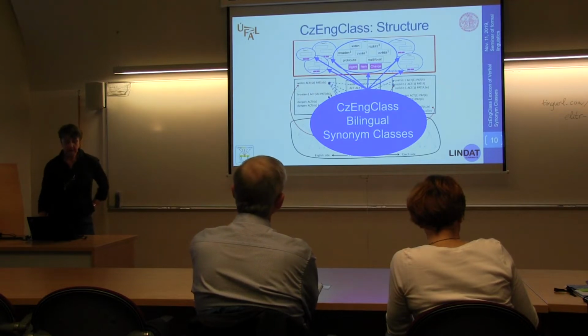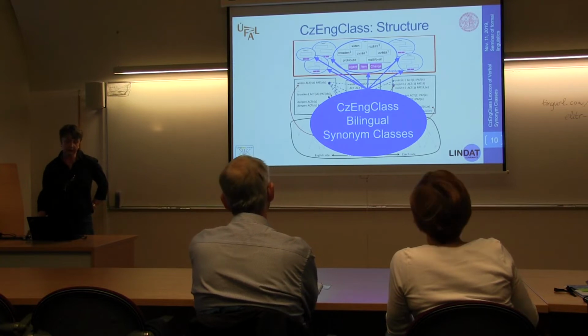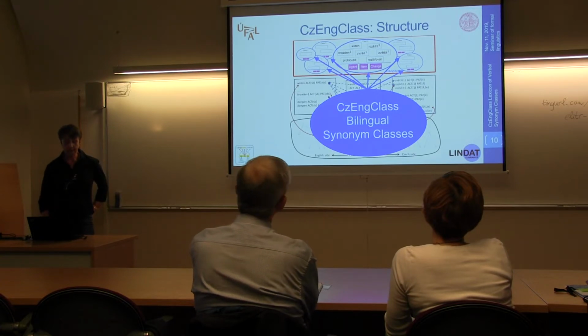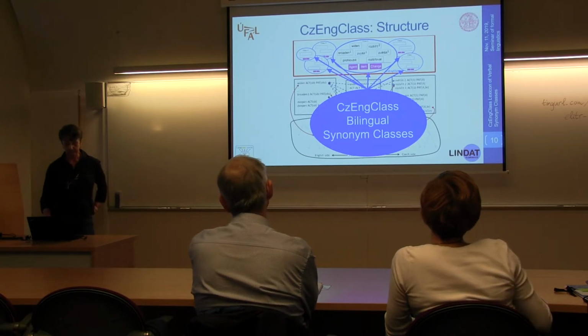This is a very schematic figure for the CzEngClass structure. On the top, in the red box, are blue ovals, and each blue oval represents one synonym class.